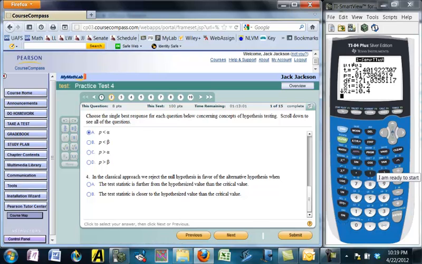In the classical approach, you're comparing critical values to test statistics. The test statistic is further from the hypothesized value than the critical value. That's when we reject, and that's what it's asking for. So that's A.